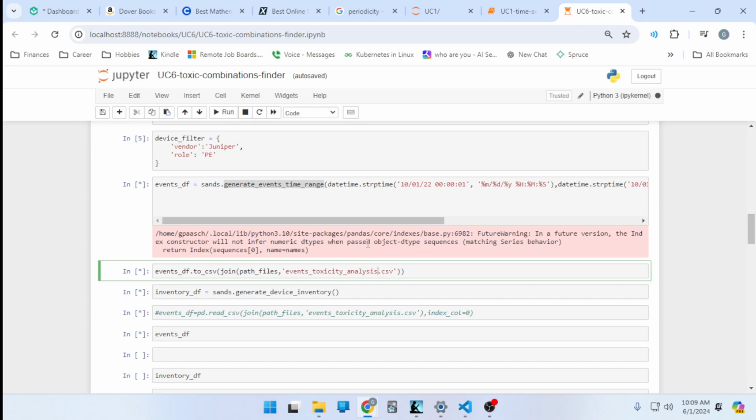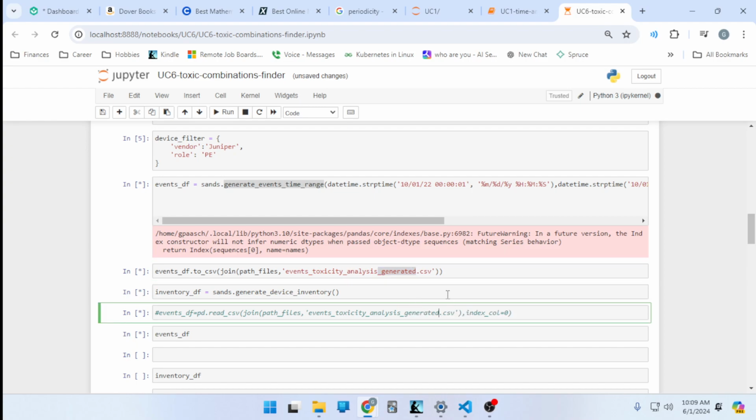So this should actually be "generated" like that, and that way we will know the difference between the one that was generated and the one that pre-exists. Yeah, and since we're commenting out this line, we only need it for loading the one that was not generated.